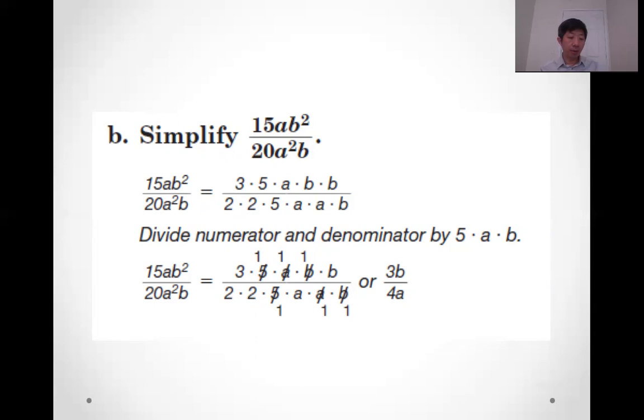So now we divide the numerator and denominator by 5, a and b. So both cancel, same number, cancel. For a, same number, cancel. So what is left over? We have 3b, and then what's left over? We have 2 times 2, and what else? a, so therefore we got 4a. So the answer is 3b over 4a.